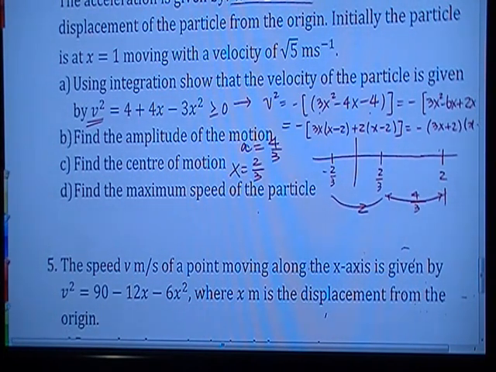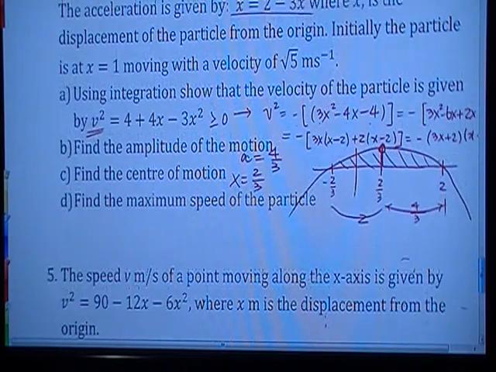Your maximum speed. Remember, you found the two things and we found that v squared had to be greater than 0 between there, so your x's had to be between there. Now, your max speed happens here, right? At the center.